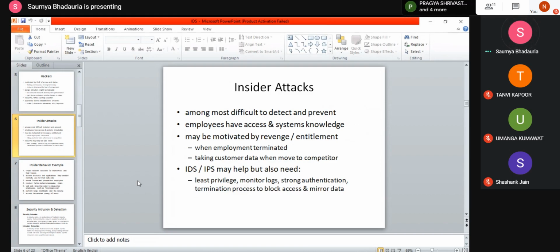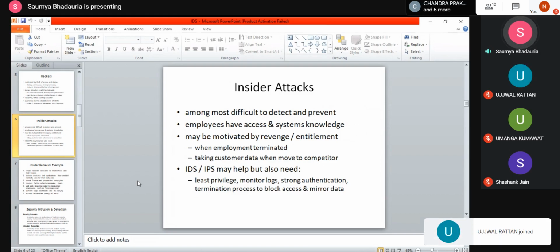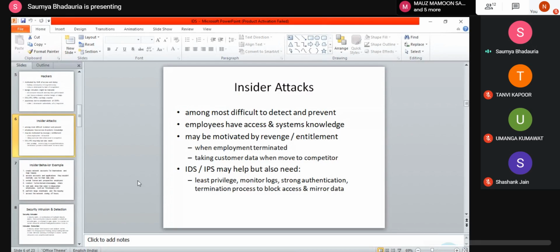Okay. Now, whenever any intrusion is detected or needs to be identified, it can be on the basis of a masquerader, or on the basis of a misfeasor, or on the basis of a clandestine user.